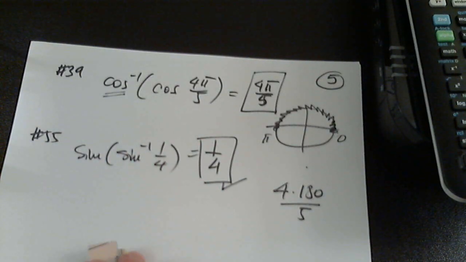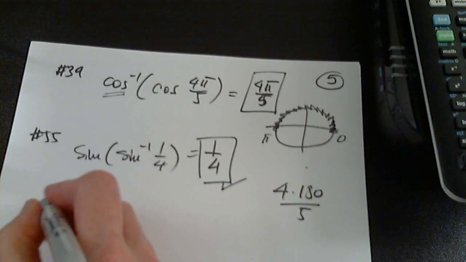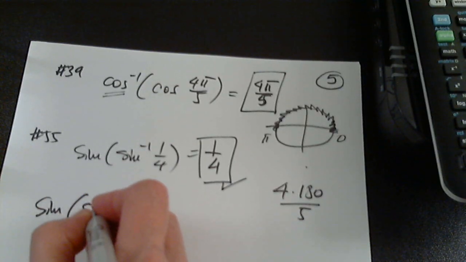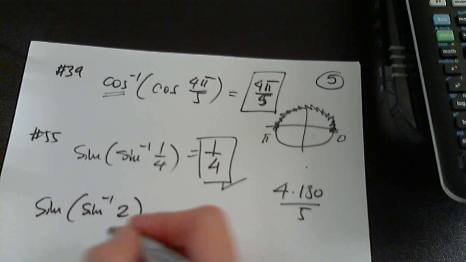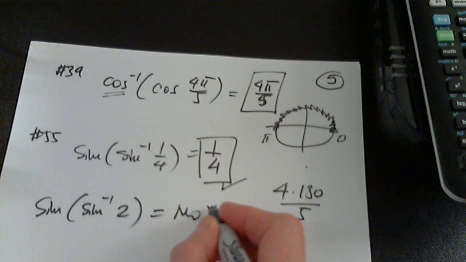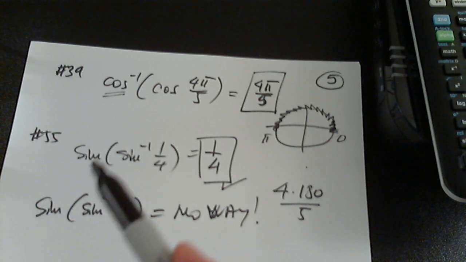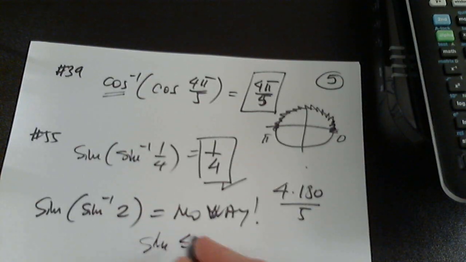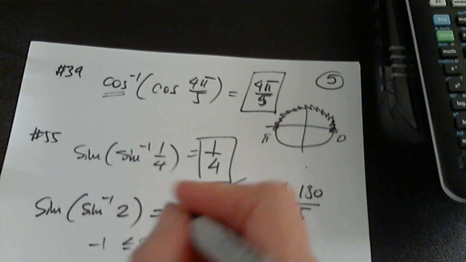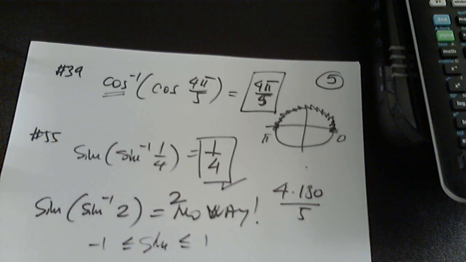If I have, for example, sine of sine inverse of 2, I'll say no way. Because there is no angle whose sine is 2. Sine and cosine are bounded functions. So I cannot write 2 here. You can say, why? They are canceling their effect on each other.